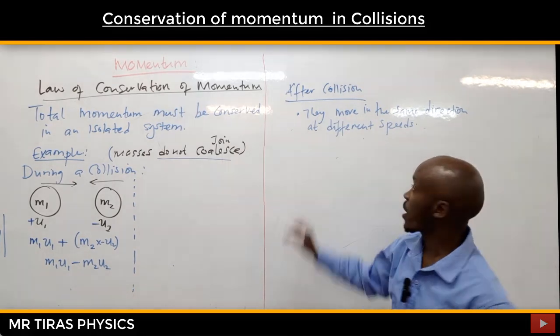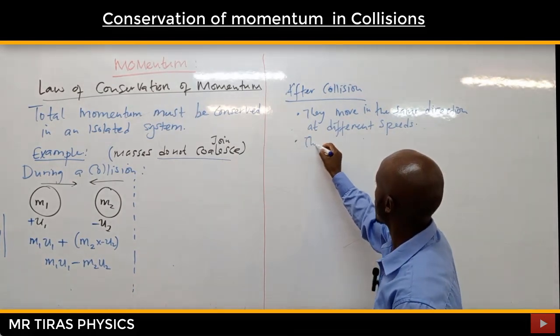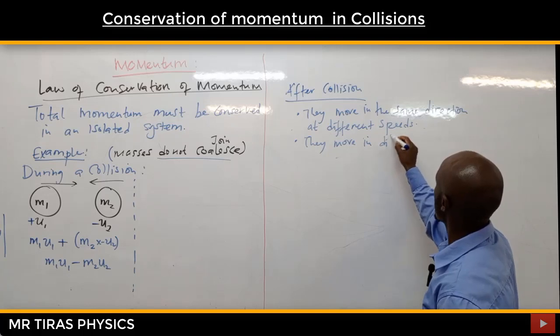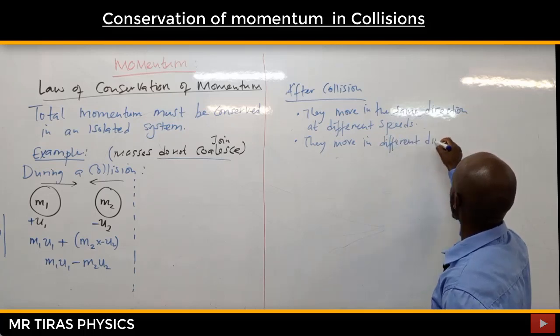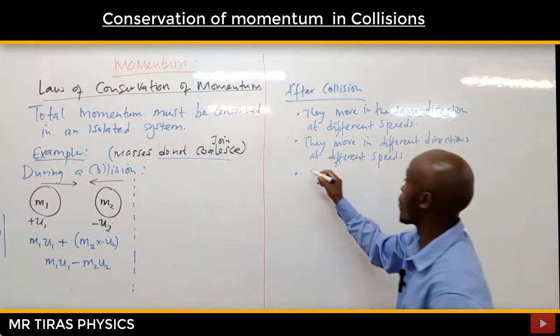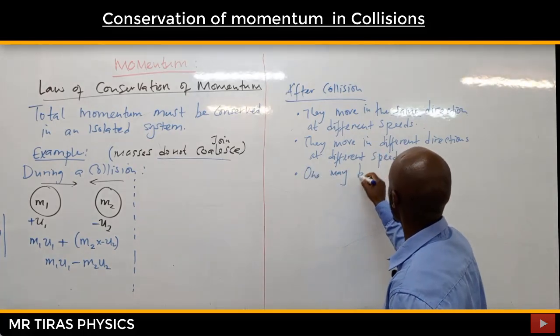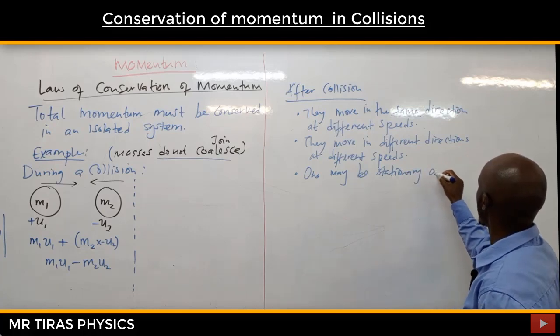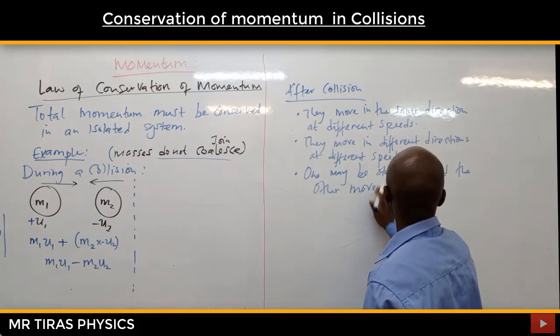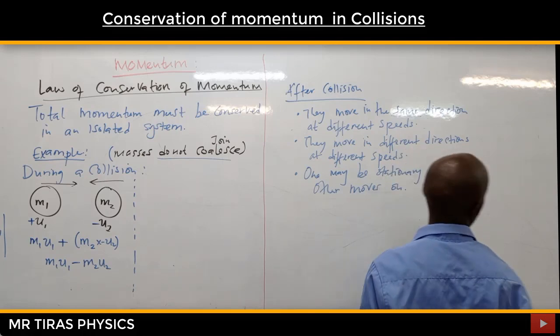Another possibility, they may move in different directions at different speeds. Number 3, one may be stationary, and the other moves on.